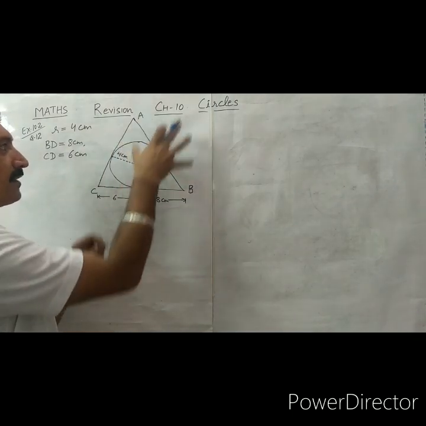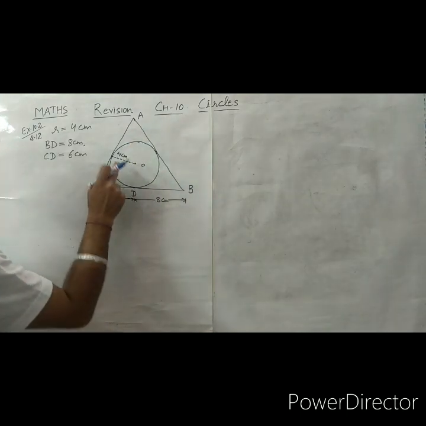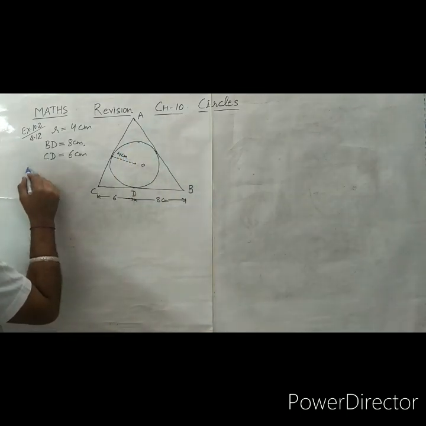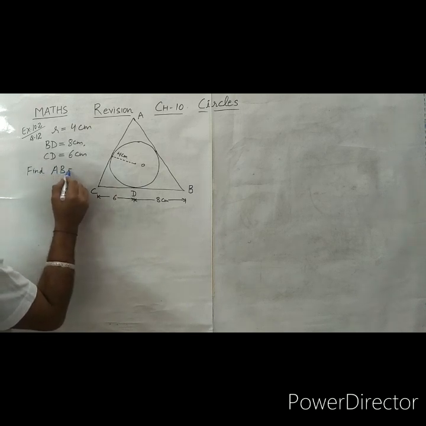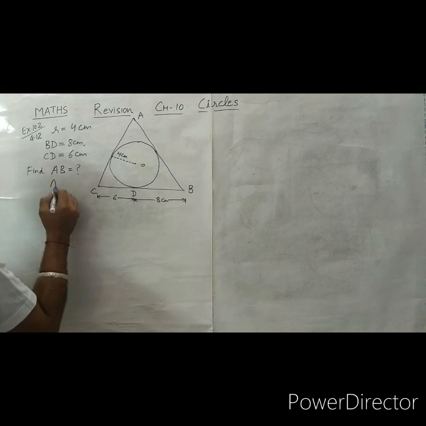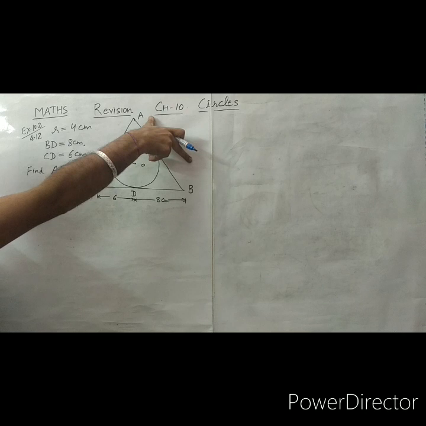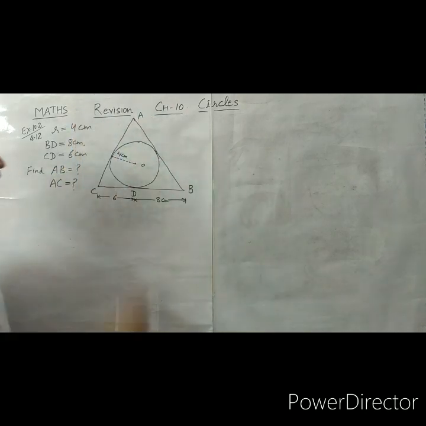So with the help of the properties of circles, we need to find the length of AC and AB. What is the length of AB and what is the length of AC?